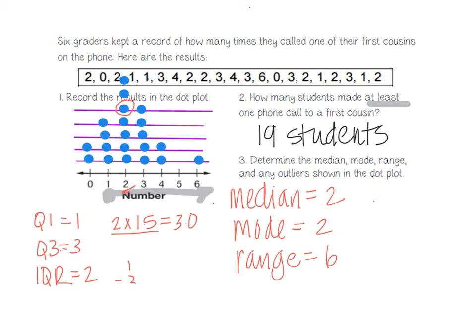We're going to subtract 3, and we have a negative 2. From our Q3, we're going to add 3, and we have a 6. So that means anything past 6 is an outlier. Anything less than negative 2 is an outlier. So in this case, all of our numbers fit between it. So the outliers are none.